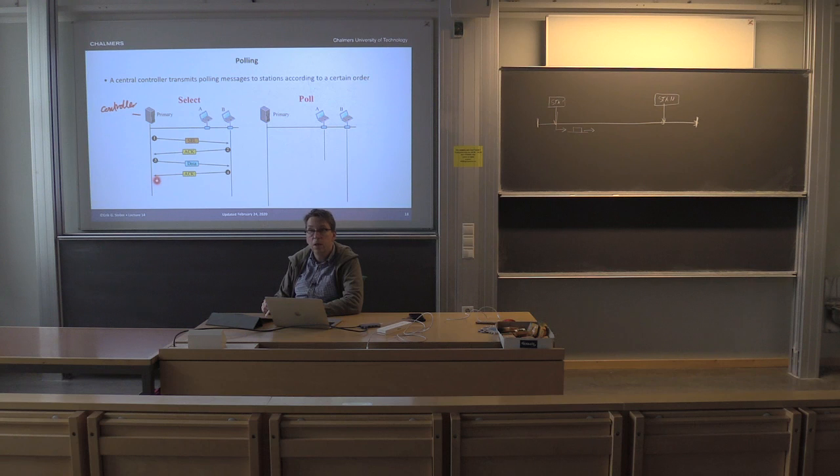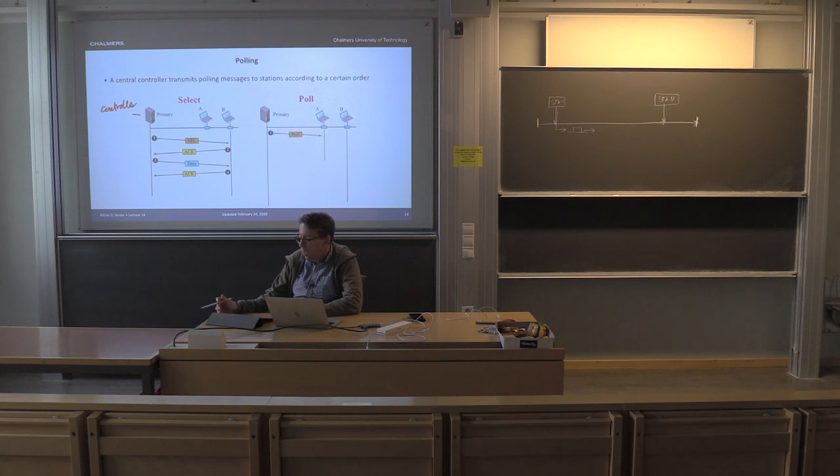So this is a cycle in this case. It's initiated by the controller, and then the appropriate station answers, and data is exchanged, and this is acknowledged, and now everything is cool. Now we can start all over again.